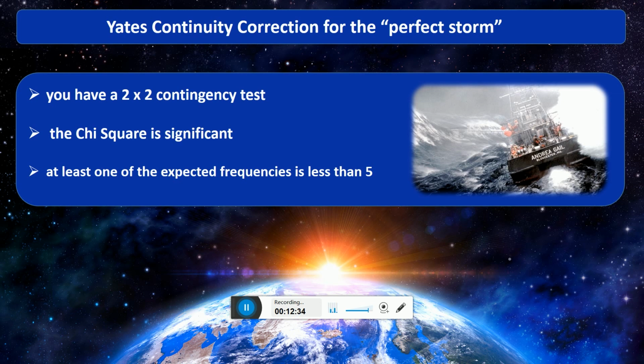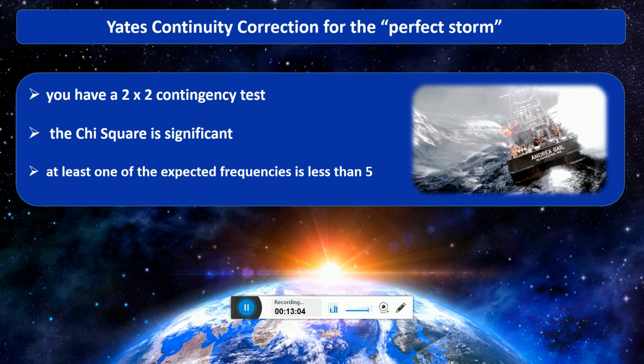In other words, you assume that you really do have a relationship when in fact you have nothing. So it's a false positive. And when you have the perfect storm, there is a chance of an inflated risk of a false positive. So to correct for that, we use Yates. And Yates will make it a little bit more difficult, well, actually a lot more difficult, for you to say that your results are significant.